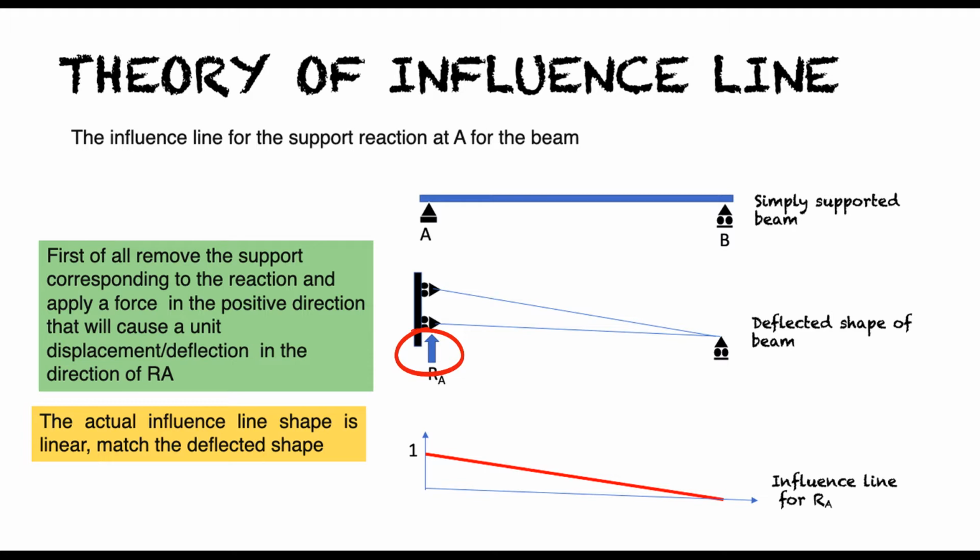From this deflection, we can get the influence line of RA. Influence line diagram is actually mimic for the deflection of the beam, and then the maximum value is at A, that is 1, and then gradually reduce to 0 at support B, and it is linearly reduced.